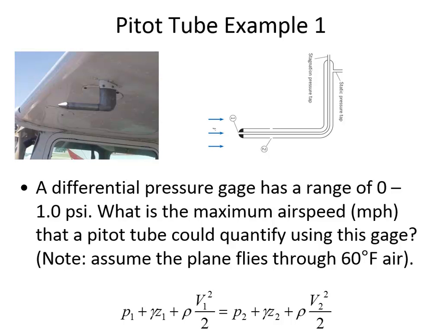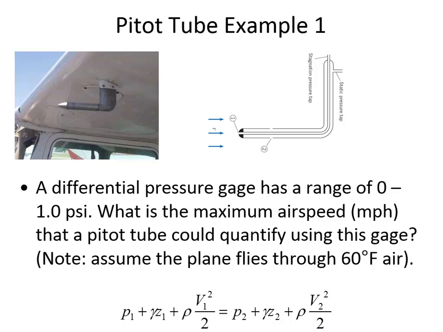So we look at Bernoulli's equation, and here's the form of Bernoulli's equation where each term is in terms of pressure. Previously I've written Bernoulli's equation where each term is in units of length, where we say pressure head, elevation head, velocity head. Here the units for each term are going to be units of pressure. We can cancel certain things out.